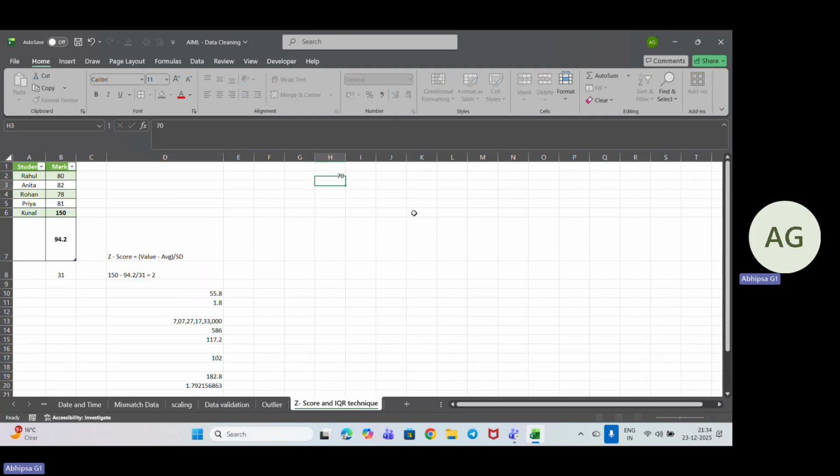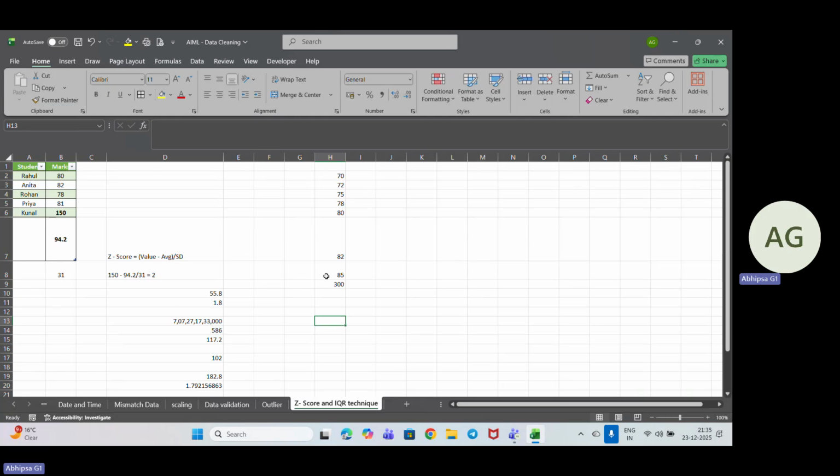So 70, 72, 75, 78, now we have 80, 82, 85, and 300. Right? So these are the values that we have taken.